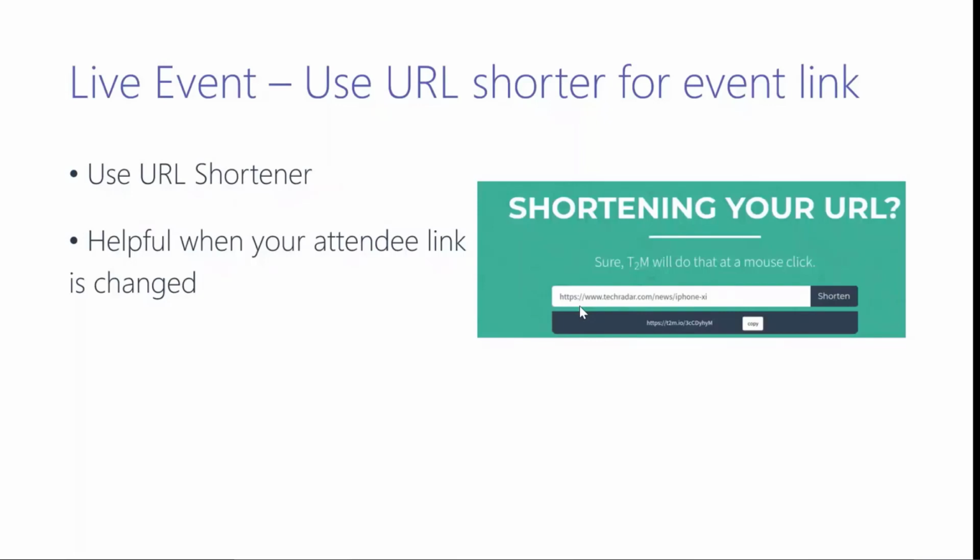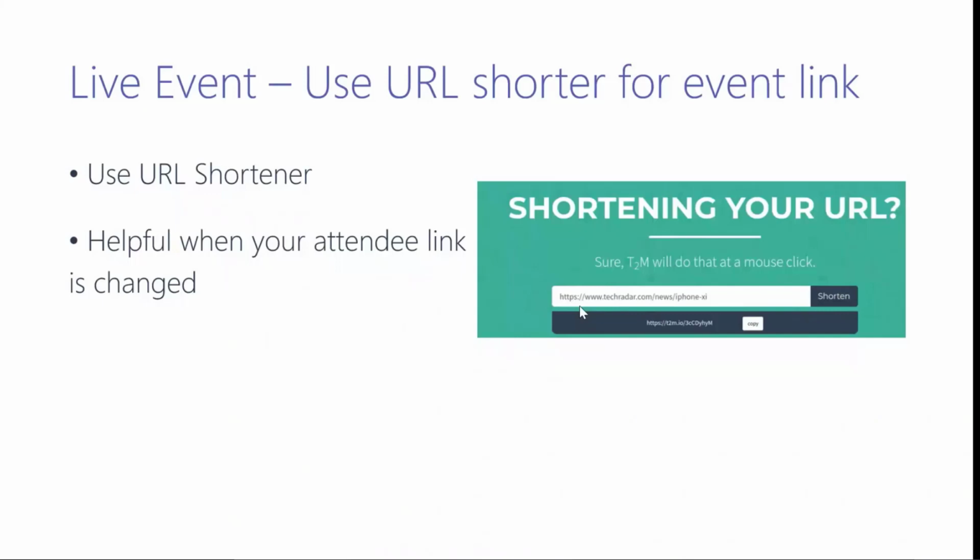And the point here is, don't send the actual URL, for multiple reasons. One, sometimes while practicing or doing the dry run, you may decide that you don't want to use the live event, you want to use a standard Microsoft Teams meeting because of X, or you want to use something else. Point is, you don't want to keep changing the URL of a formal event and keep sending them updates on the calendar.